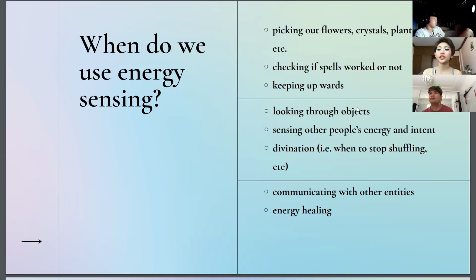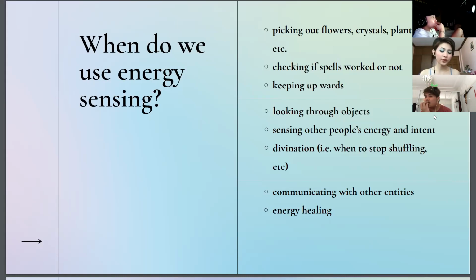Next is communicating with other entities. Sorry, wait. When you're sensing energy, are physical sensations normal? Yes, they are very normal. I will get into that when I teach energy sensing. So, next is communicating with other entities.